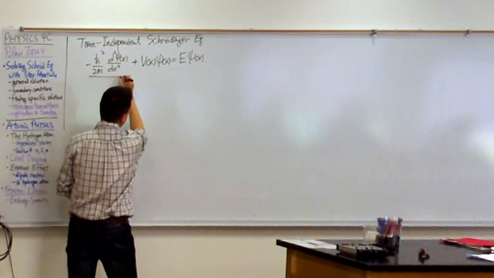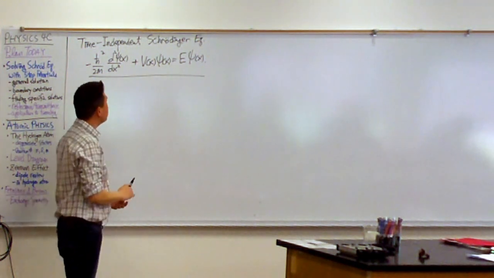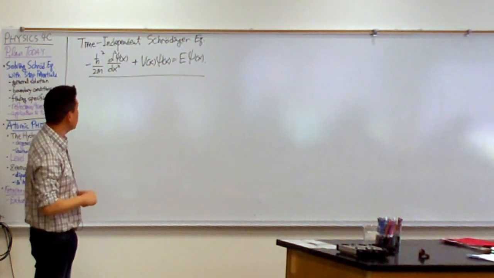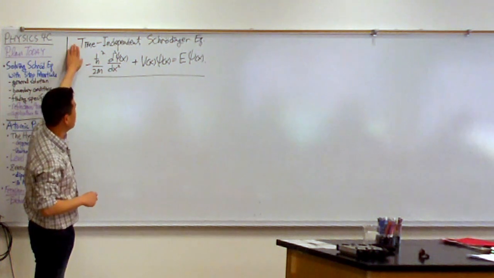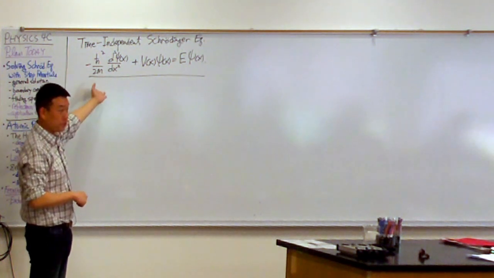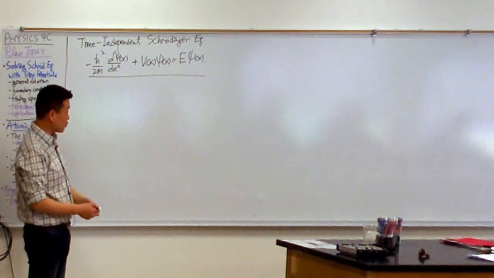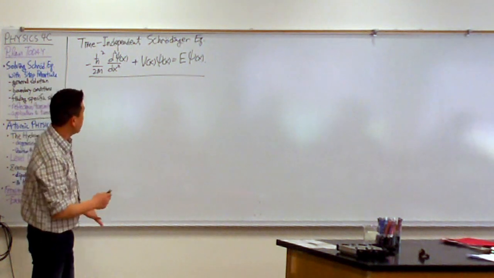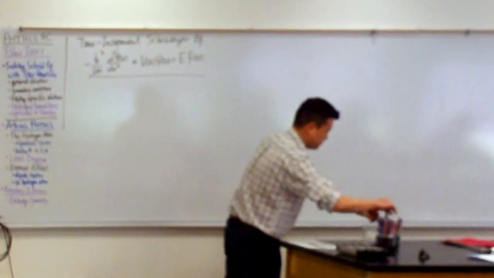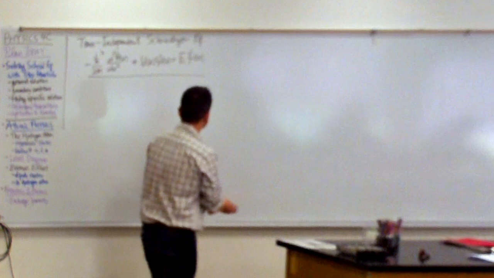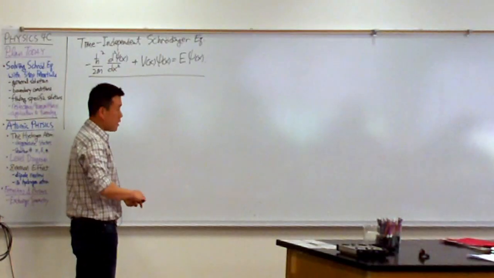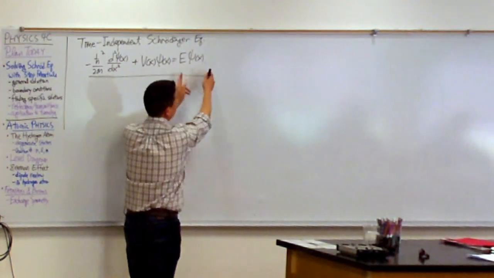And I'm hoping by now you remember the key difference between the time-independent Schrödinger equation and the time-dependent Schrödinger equation, which we actually started out with. The key difference, if you want to note it for conceptual purposes, is really on the right-hand side.